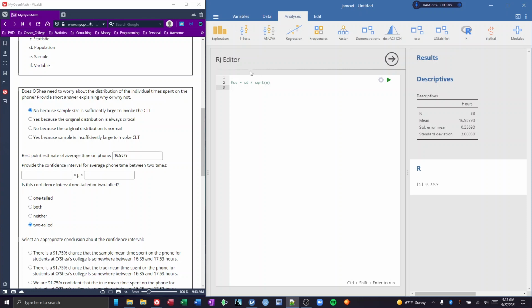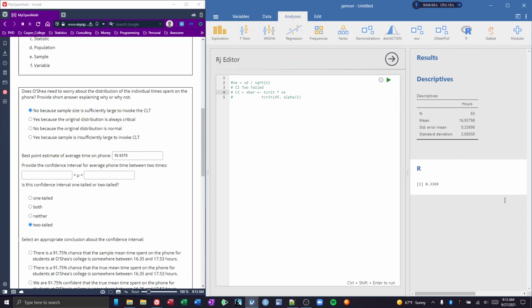So we're going to copy this, and I'm going to just paste it into our editor. And for a two-tailed confidence interval, this is the equation that we are working with. So the confidence interval equals x bar plus or minus this t critical times the standard deviation divided by the square root of n. And this standard deviation divided by the square root of n, we can just replace with the standard error, because it equals the same thing.